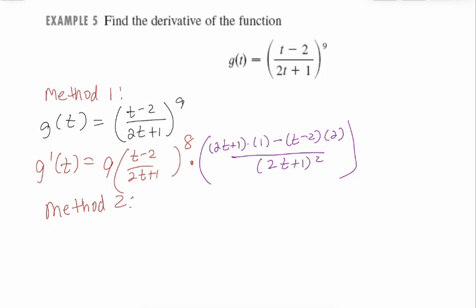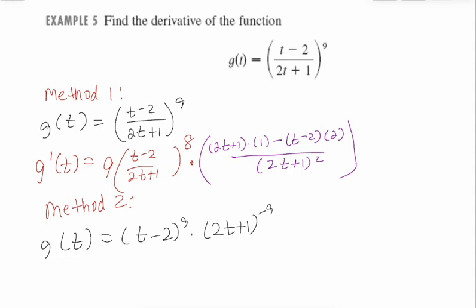But I want to show you a slightly different method that some students have liked in the past. If you do a rewrite, you can make that (t minus 2) to the ninth times (2t plus 1) to the negative 9. And then you can use the product rule.